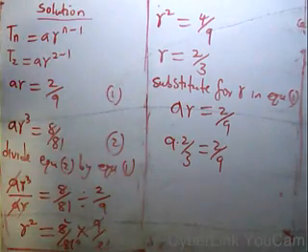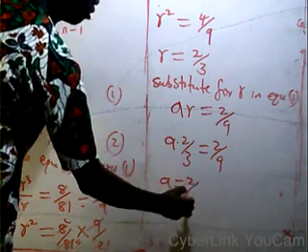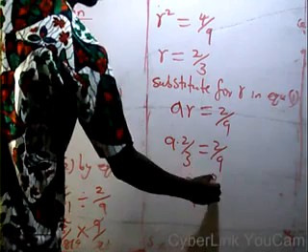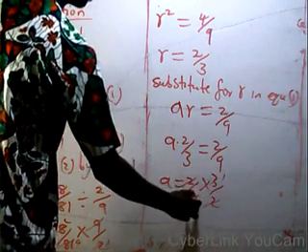So if we change this upside down, we are having a to be equal to 2 all over 9 multiplied by 3 all over 2. This and this can go. 3 here 1, 3 here 3.